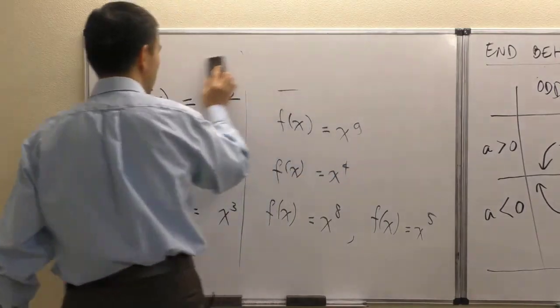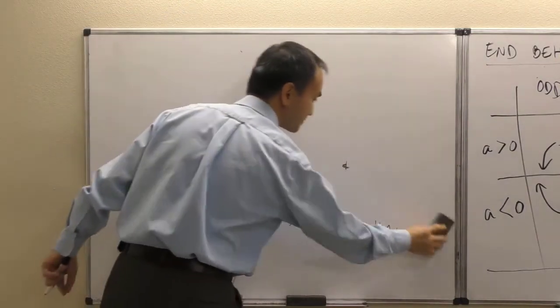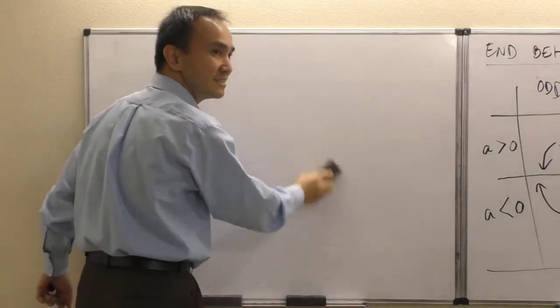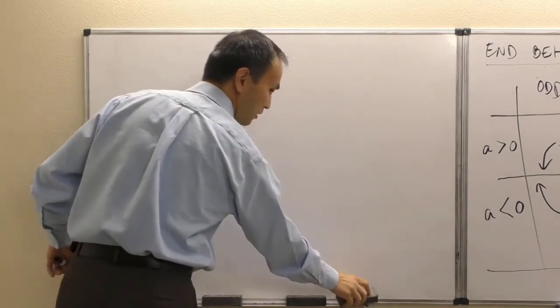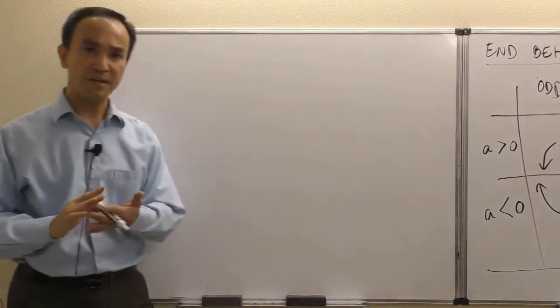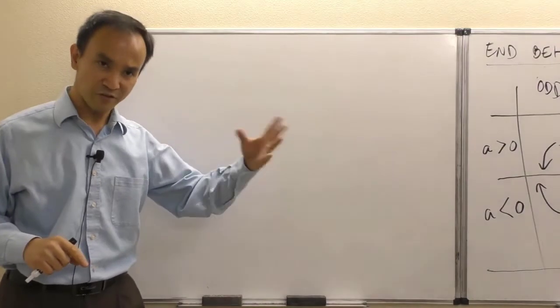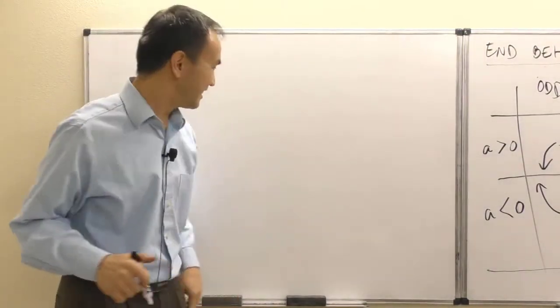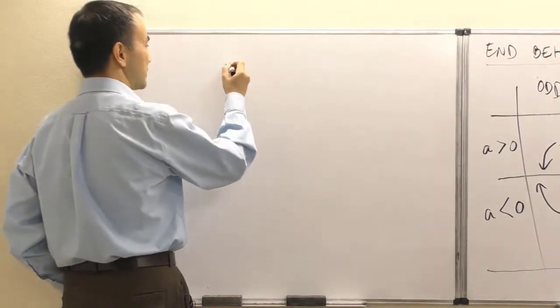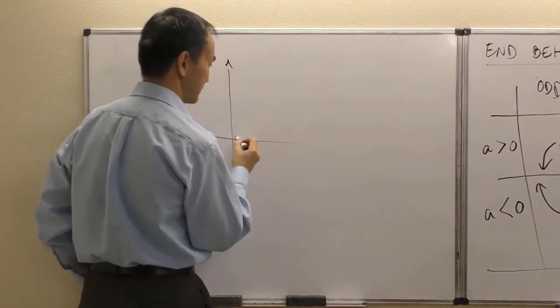Now let me get on this side of my board here. Because we are currently talking about end behaviors, specifically, I mentioned earlier there's left end and right end, so for example, something like this.